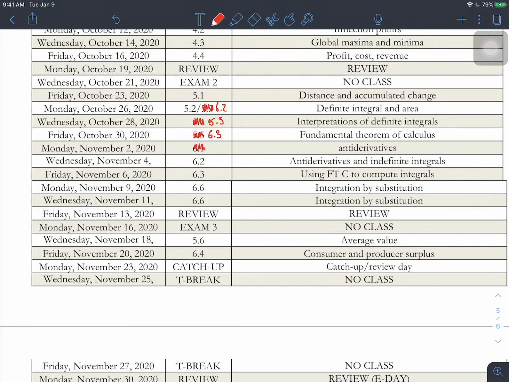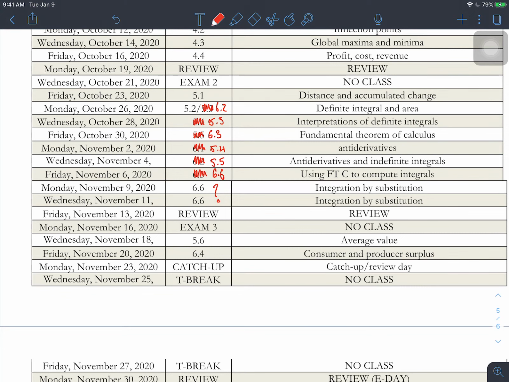Tomorrow, or on Monday, we will do 5.4, and then we will do 5.5, and then we will do 6.6, and then question mark for those last days, because it turns out I somehow managed to get myself a day ahead of schedule, which is great. That just means that we have a little bit more time to spend on substitution later on.